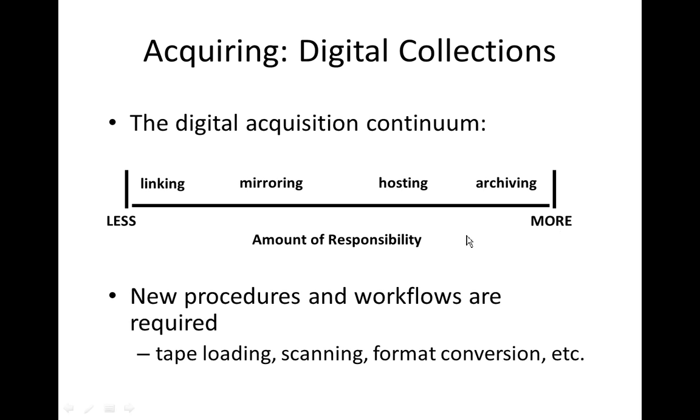If we're talking about your vacation photographs, maybe not too expensive, but if you're talking about NSF grant data, or the scale that, say, the Library of Congress or DPLA are working on, then you're talking about a lot of costs there. And then as you get more into this responsibility of owning the actual objects, you have all sorts of scanning, tape loading, format conversion. These are all the things that go with digitization that we're going to talk about later.